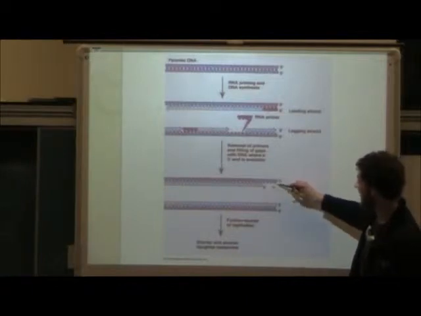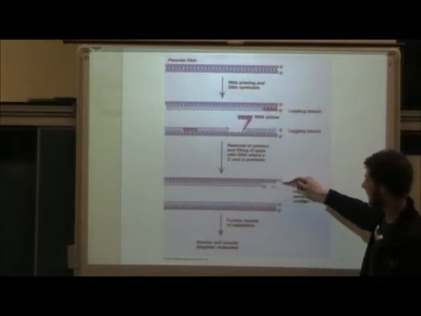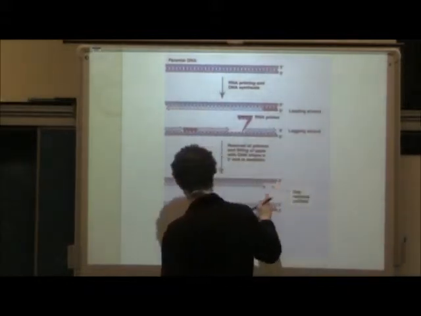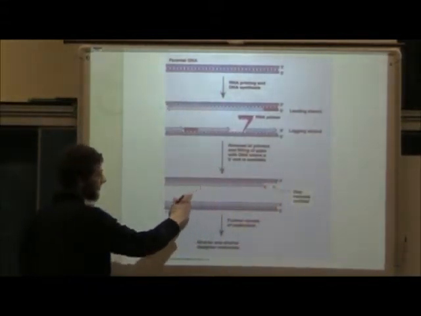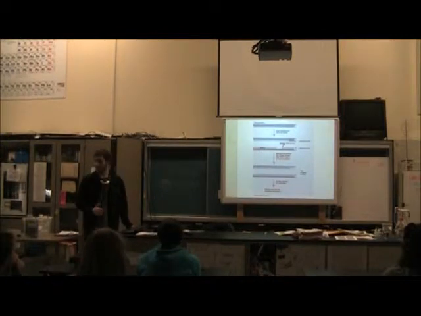So it doesn't know to replace the DNA. So this just gets left open, and then all these base pairs are lost. So over time, once this happens every replication, it just moves farther and farther down. So if that was the actual DNA of the chromosomes, you'd be losing important information, and the cell would stop working pretty quick.